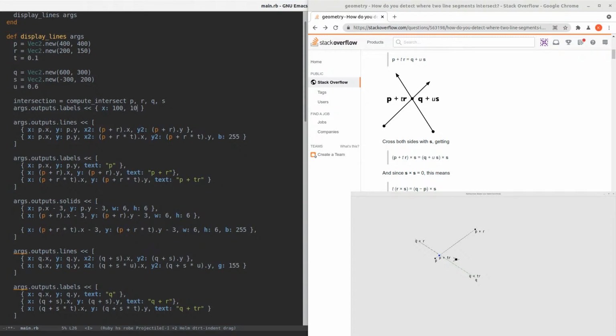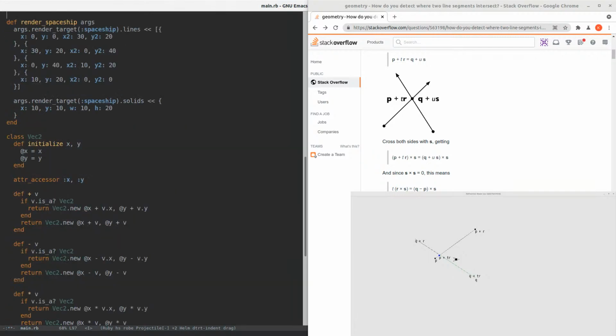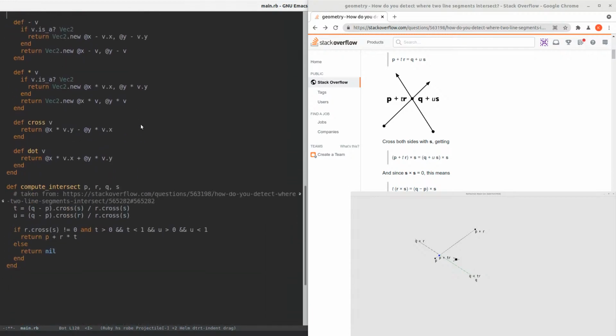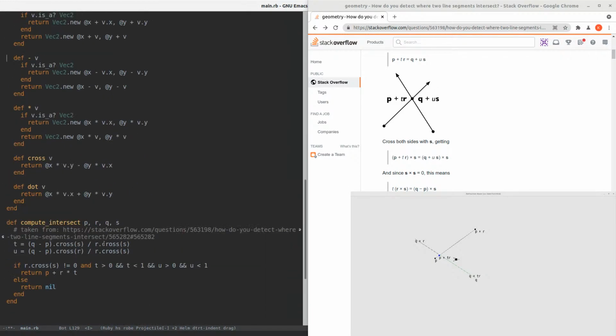We'll print it out to 100, 100. And we will set our text to be equal to our intersection. And what we can do is, I believe this does not return a vector. It might not compute. No, it should. Okay.